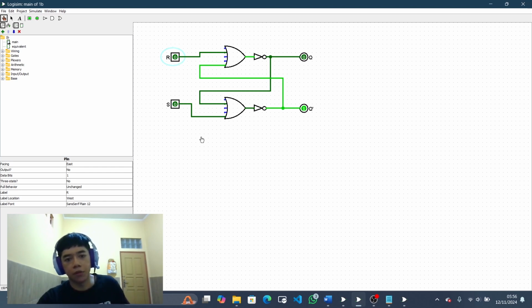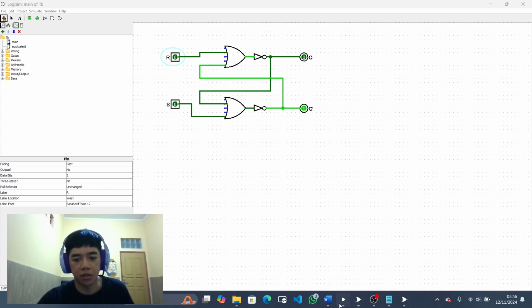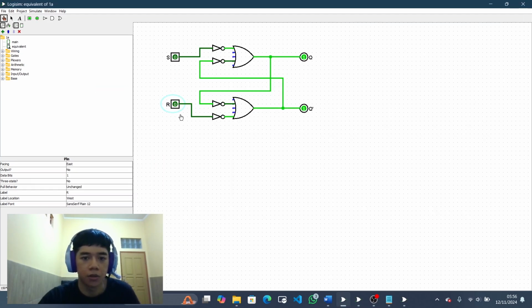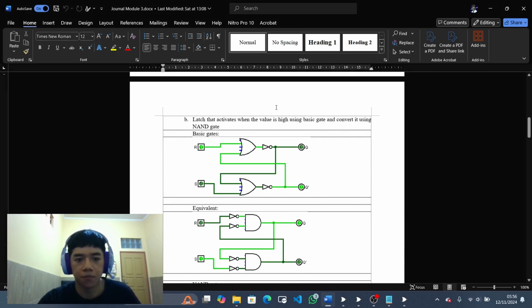When you put all these values to 0, it will store the values within the latch, essentially locking the values within this latch. Oh yeah, I didn't explain that earlier. When this is 1 and this is 1, it locks the value here. Yeah, so that's basically the same.